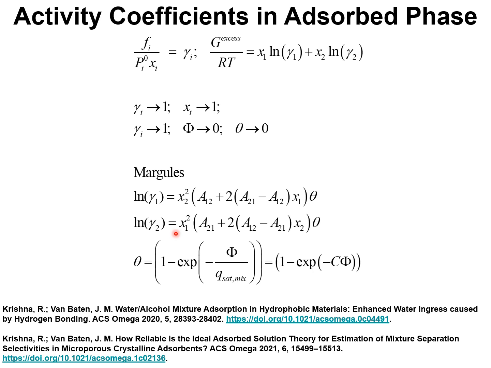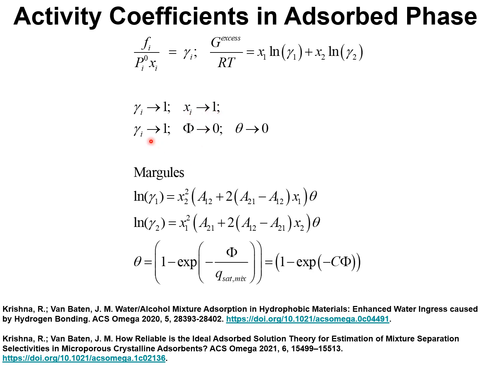In setting up the activity coefficient models for describing non-idealities in adsorbed phases, we need to have the models respect both these limiting behaviors: that gamma i for each of the components tends to unity when the adsorbed phase mole fraction of that component tends to unity.